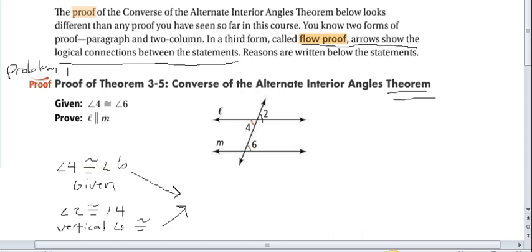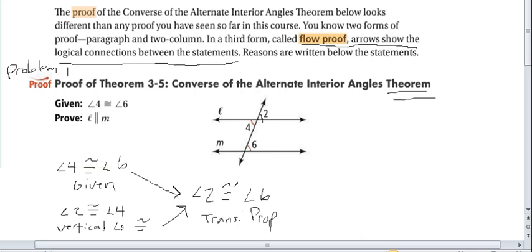Do we see how we both have angle 4 right here? So remember our transitive property. If they both are congruent to angle 4, then I can put angle 2 and angle 6 together. So I can say angle 2 is congruent to angle 6, because if they're both congruent to 4, then 6 and 2 are also congruent.